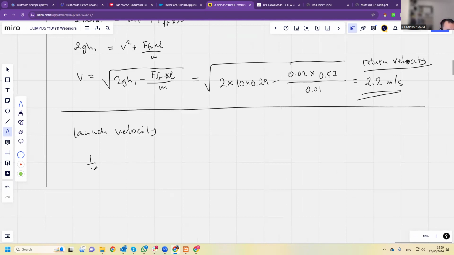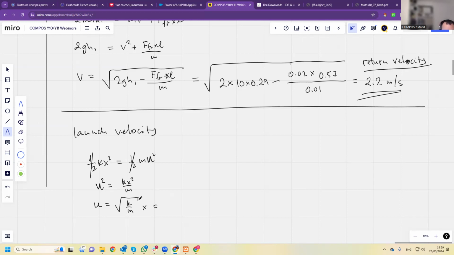Just 1/2 kx squared. So that's the potential energy stored in the spring, and that's equal to 1/2 mv squared. So 1/2 cancels, and we have velocity. Well, let's call it u. U squared is kx squared over m. So u is equal to square root of k over m times x.